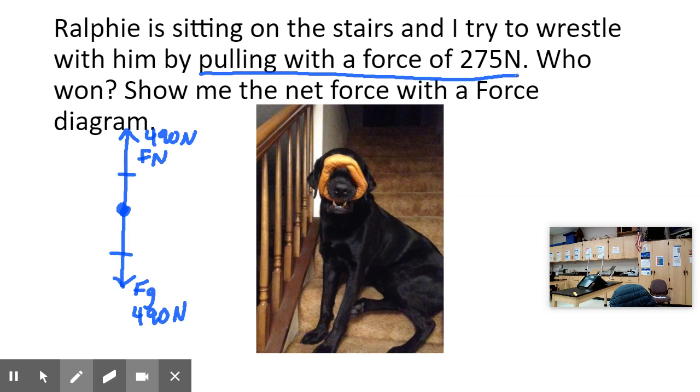Should that be longer or shorter than the 490? Shorter, right? It's not even 300, and that's about half. So I'm going to have force applied, and that force applied is going to be 275 newtons.